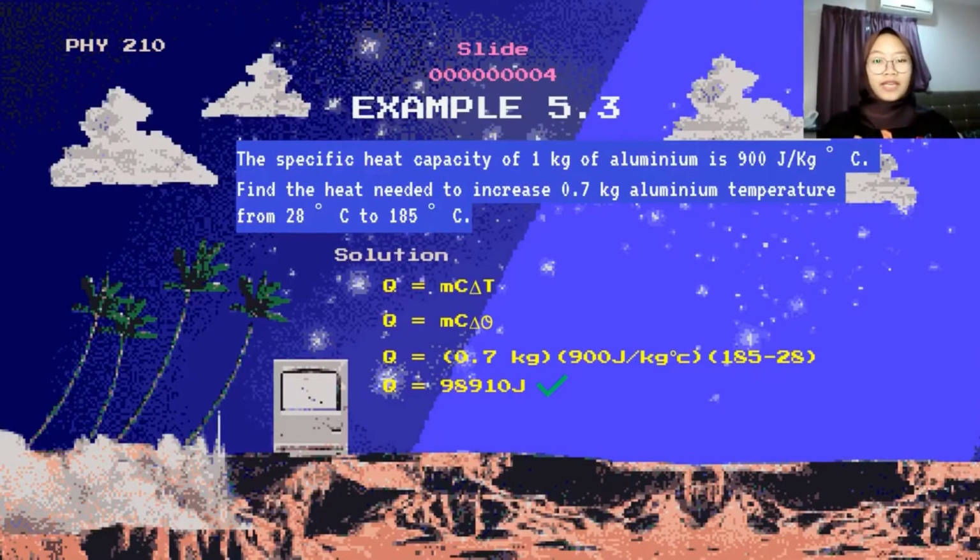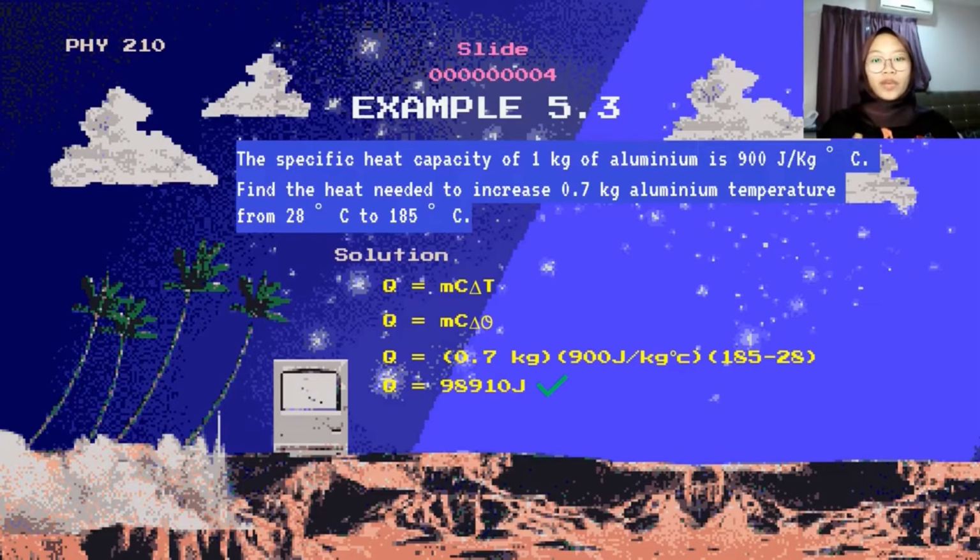As an example, let's see some exercise. The question is, the specific heat capacity of aluminium is 900 joule per kg degree Celsius. Find the heat needed to increase the temperature of 0.7 kg of aluminium from 28 degrees Celsius to 185 degrees Celsius. The solution is, firstly, we must jot down the formula so that it will be easier to substitute later on.